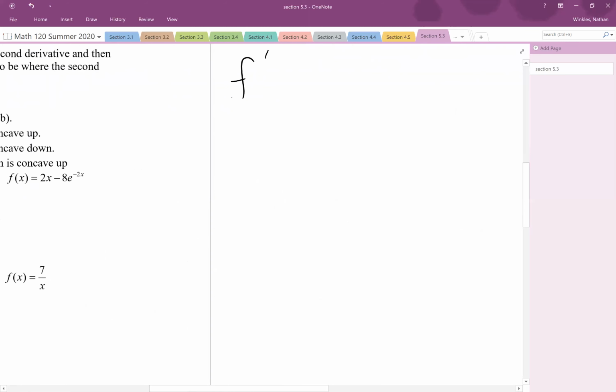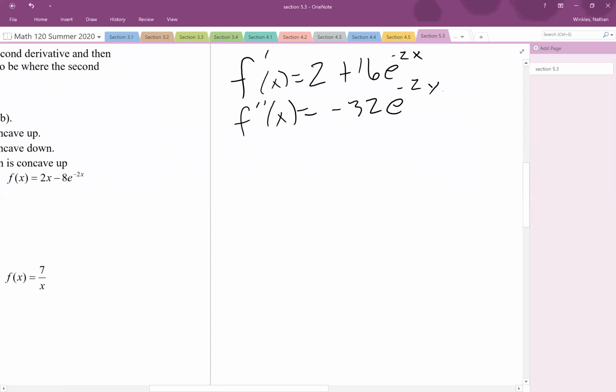So for f of x equals 2x minus 8e to the minus 2x, f prime of x is 2 plus 16e to the minus 2x. F double prime of x is negative 32e to the minus 2x. We set this equal to 0. There's no place where it is, so there are no points of inflection for this one.